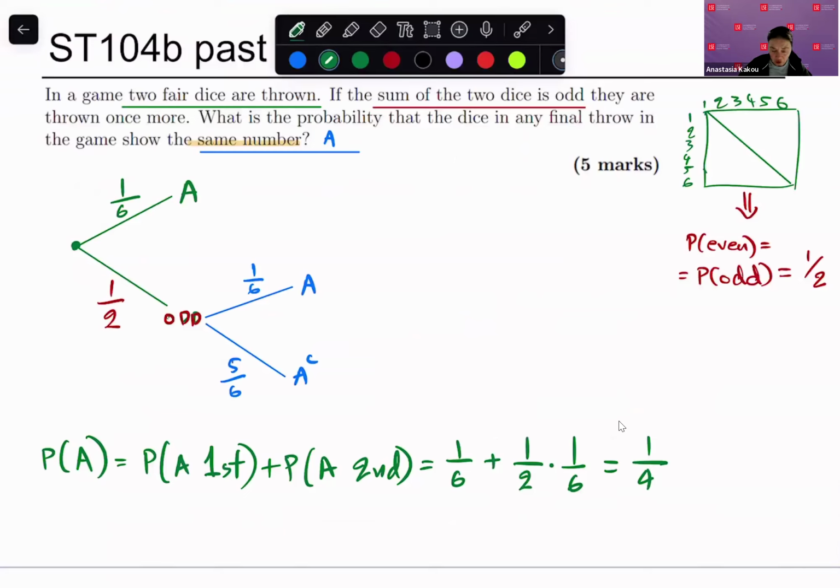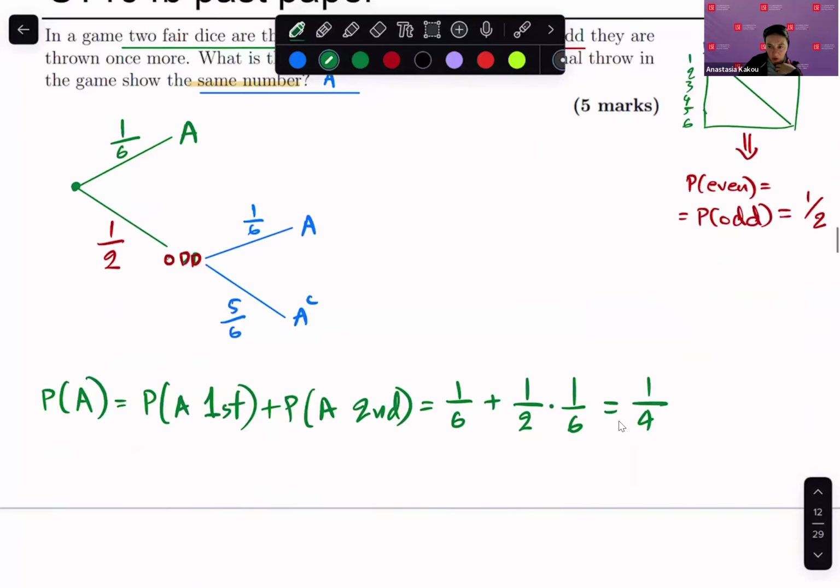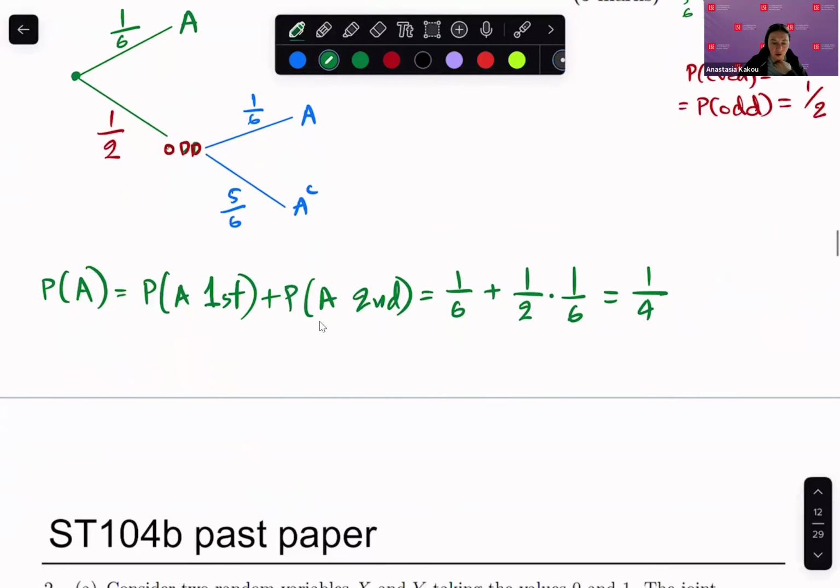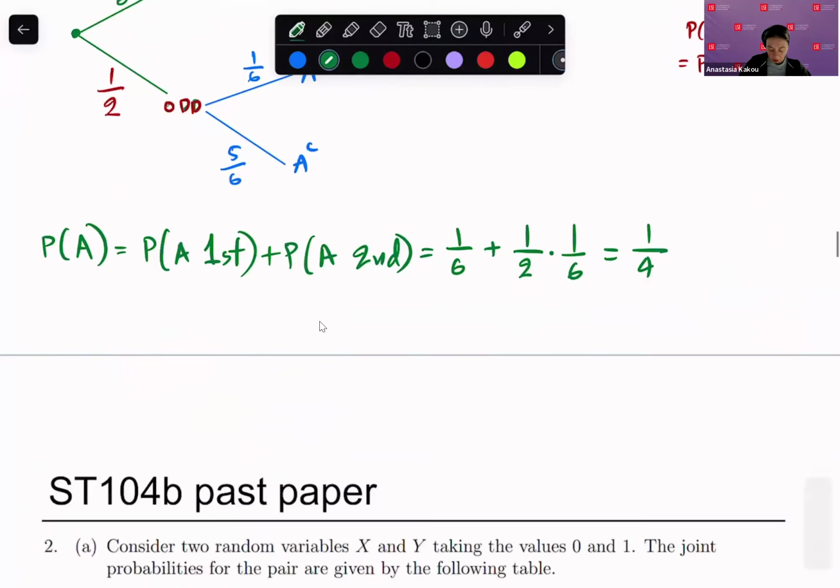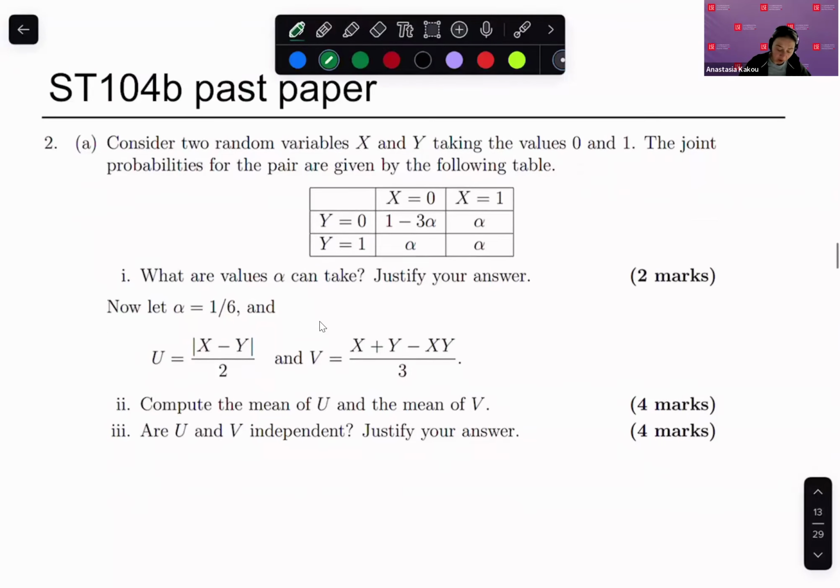I've done a few additional ones. The marks of section A, I think, are 40. Maybe I have done a few more. So anyway, the next questions are about section B, and you will always have a question on joint probability distribution of discrete variables.